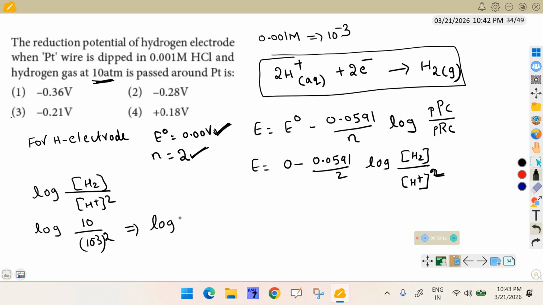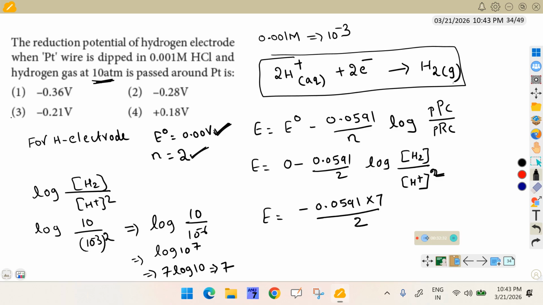Log of 10 by 10 power minus 6 is log of 10 power 7, which is 7 log 10, and the value is 7. E equals minus 0.0591 into 7 by 2. Simplify, you will get minus 0.20685. The nearest answer is the third option.